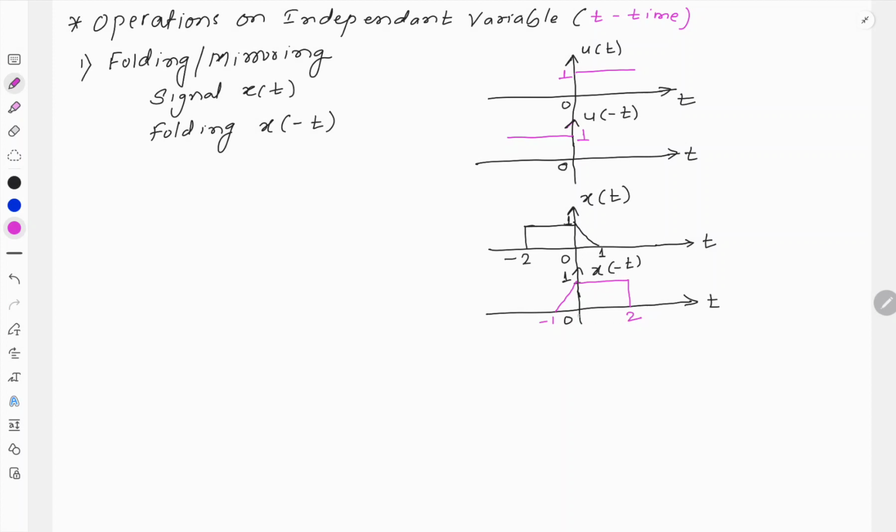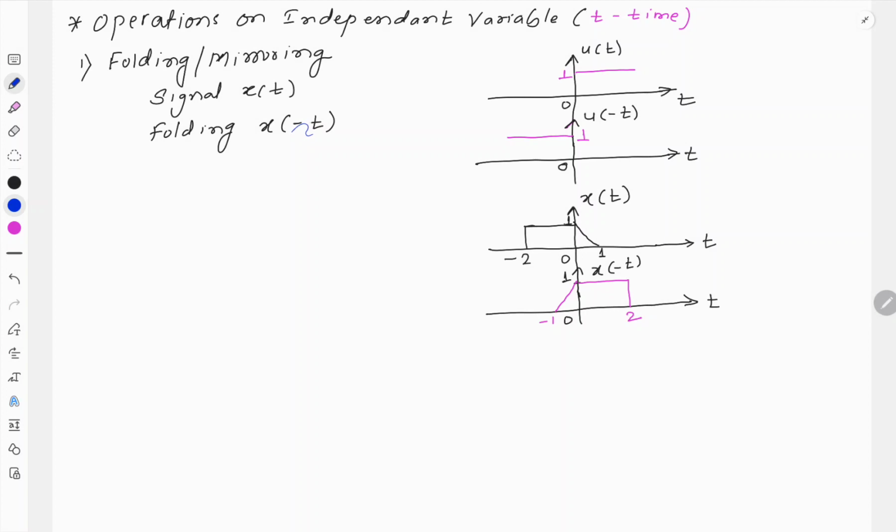So this is how we are going to operate on the signals for the folding operation. So remember here, folding operation means if I have the original signal x of t, in this original equation, I'm going to multiply this t parameter with a negative sign.